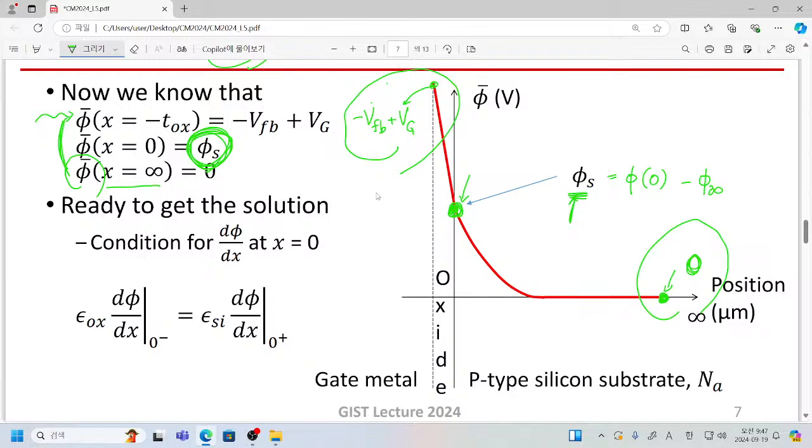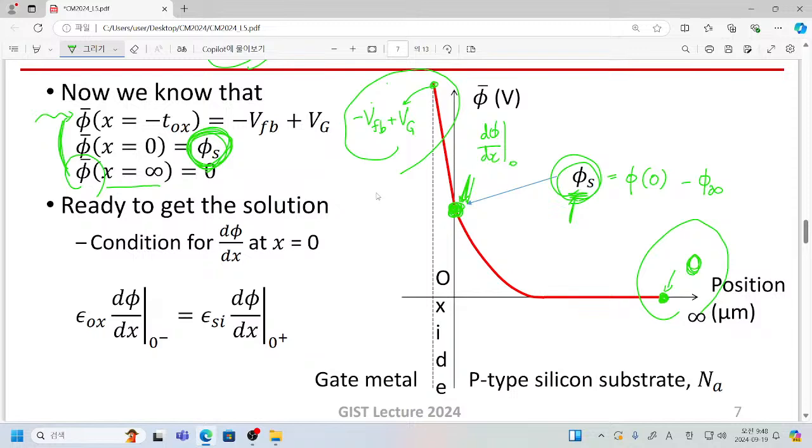Previously, in lecture 4, we just set the value of phi s here, or in your homework problem, instead of setting the value, I gave you certain conditions evaluated at x equal to 0, and you were able to calculate the phi s by solving the nonlinear equation.